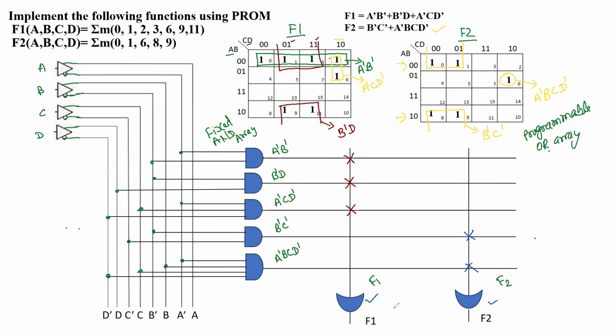We have to keep in mind that in case of PROM, we have a fixed AND array in the first stage, and a programmable OR array in the second stage. Like this, whatever function is given can be implemented here with the help of the AND array and the programmable OR array.